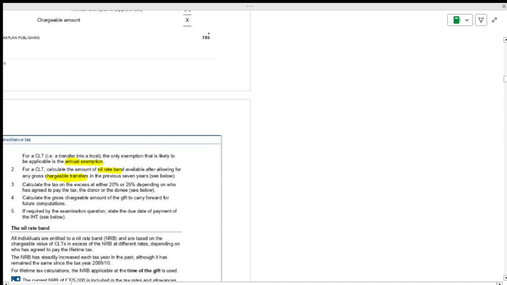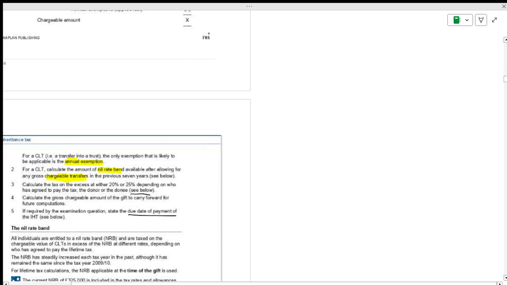Calculate the tax on the excess at either 20% or 25%, depending on who has agreed to pay the tax, the donor or donee. There are some more conditions. Calculate the gross chargeable amount of the gift to carry forward for future calculations. If required by the examination question, state the due date.